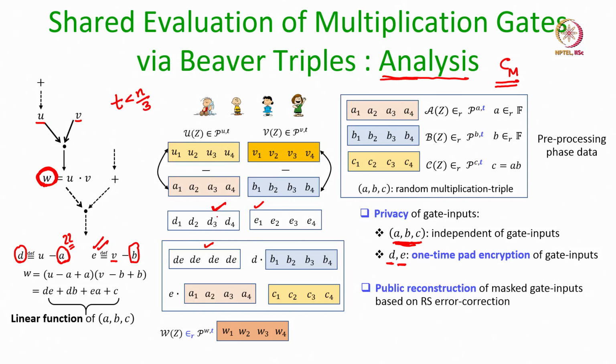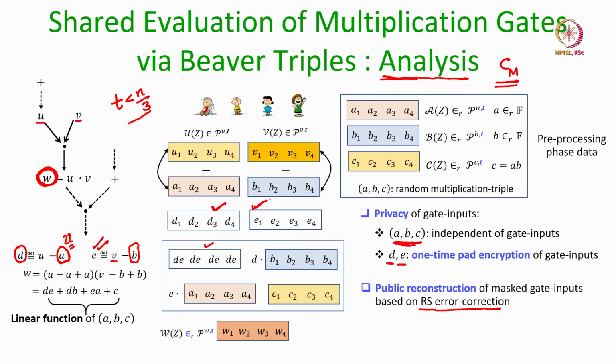D is secret shared through a t degree polynomial, and when the shares of D are made public, up to t shares can be made incorrectly public. Up to t shares could be wrong, but the Reed-Solomon error correction guarantees that even if there are up to t incorrect shares, we have sufficient redundancy so that the Reed-Solomon error correction algorithm enables the parties to reconstruct the correct D. Same argument holds for E as well.